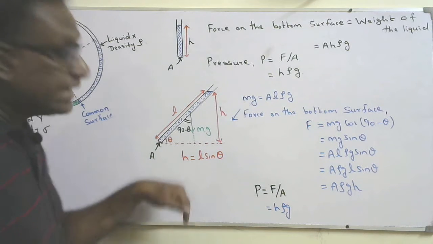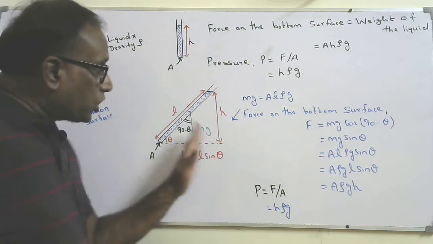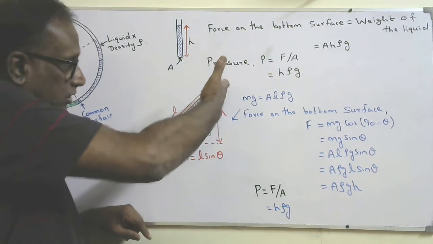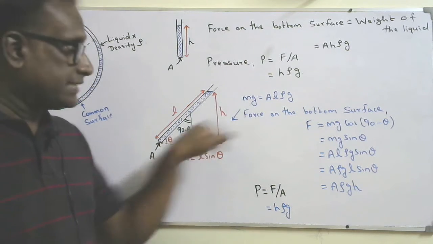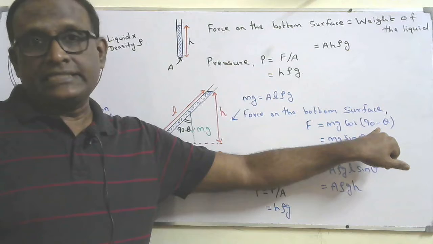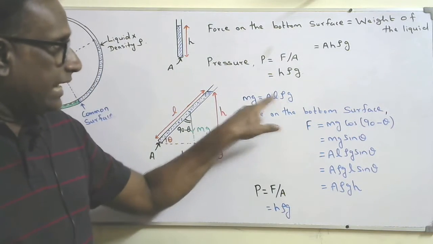The weight will act vertically downwards. So the force on the bottom will be the component of the weight along the tube downwards. That will be mg cos(90 minus theta). You know cos(90 minus theta) is sine theta. So that will be mg sine theta, and mg means A L rho g.